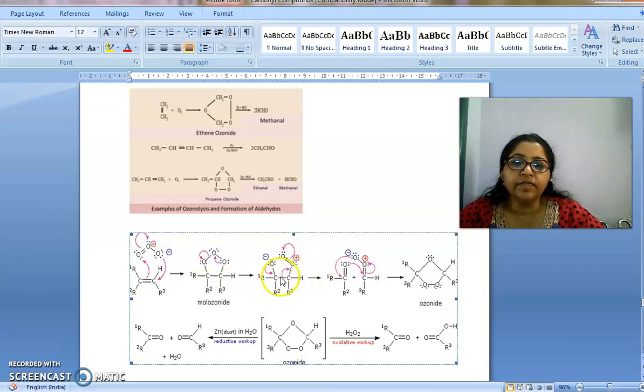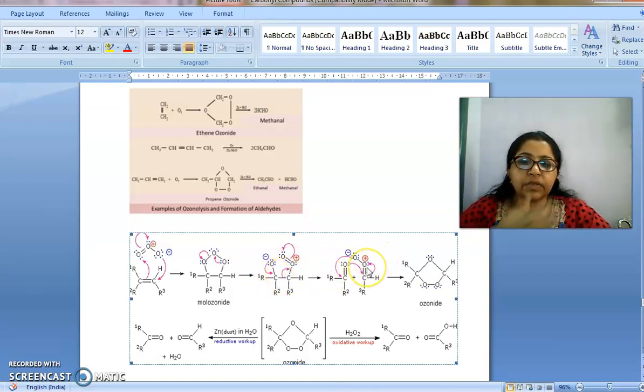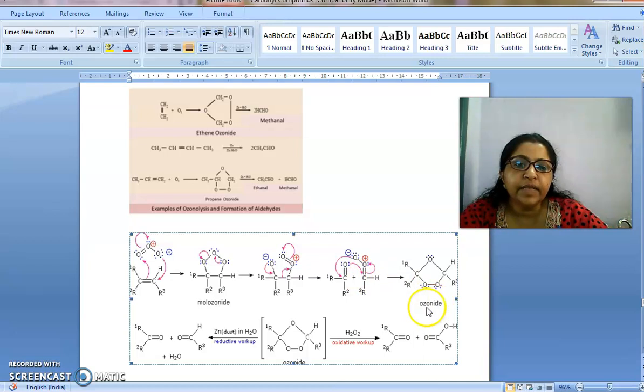Now this one being a sigma bond, this bond breaks, and the carbon-carbon bond breaks, so we get the ozonide. Now the ozonide can further be reacted with hydrogen peroxide or zinc dust in water, and the bond breaks to form the carbonyl compounds.